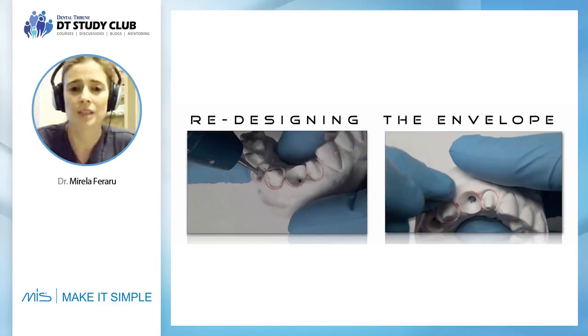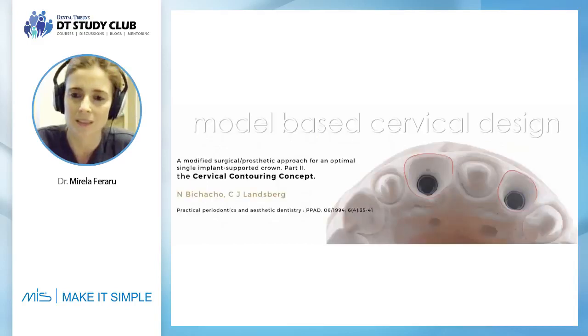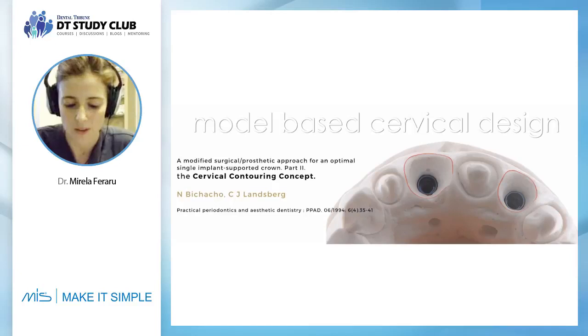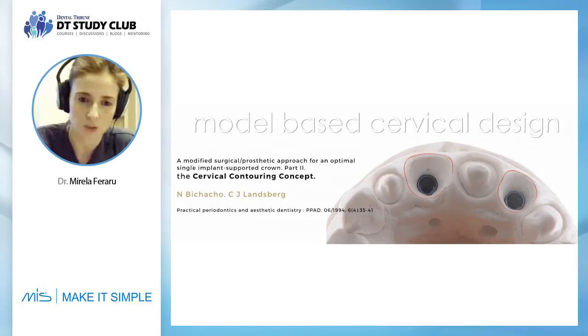But he's going to redesign the envelope not only in the area of the implants, but also in the area of the supporting teeth. So as I mentioned, this is the model-based cervical design, but it's based on the cervical contouring concept published in the same year for implant-supported restoration in 1994, as it was for natural dentition.